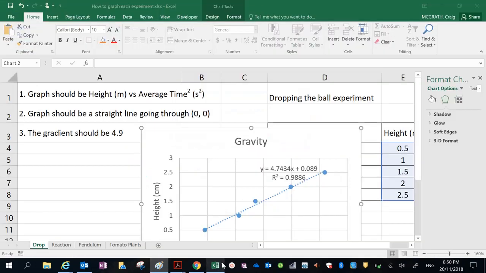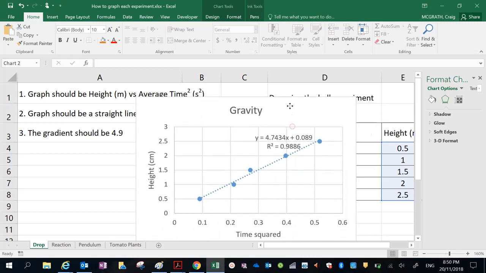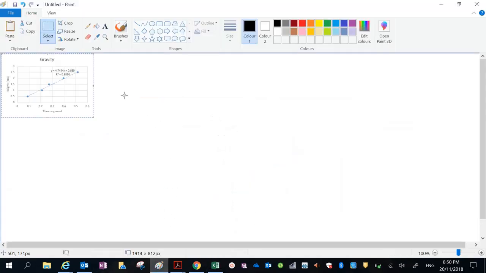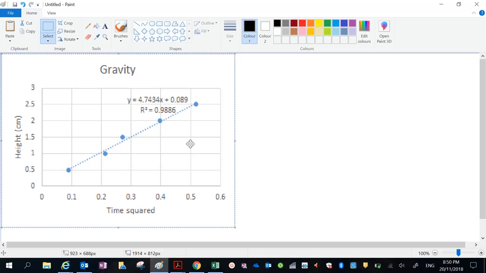Yeah, that's of course if your gradient is smaller than what it's supposed to be. Let's do it again. Let's say your gradient said 5.5 or something, and it's supposed to be 4.9?